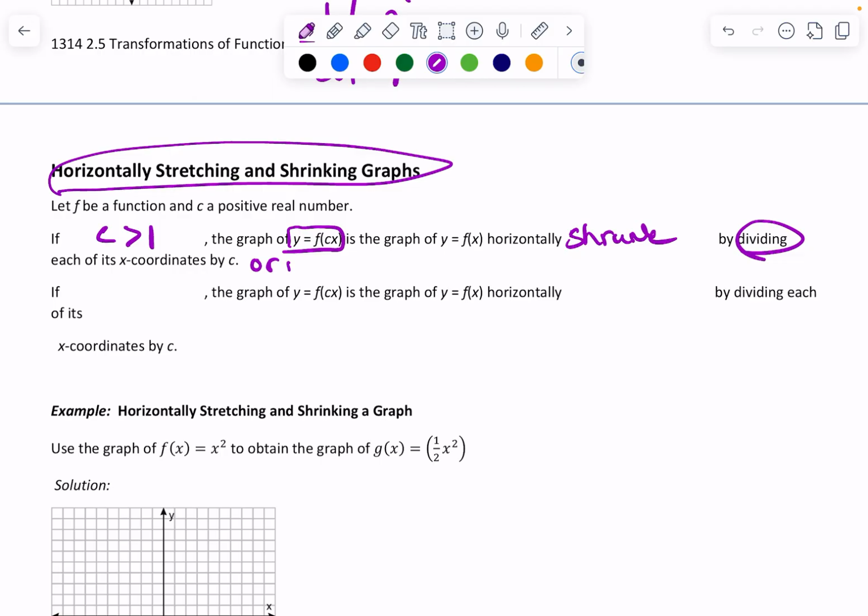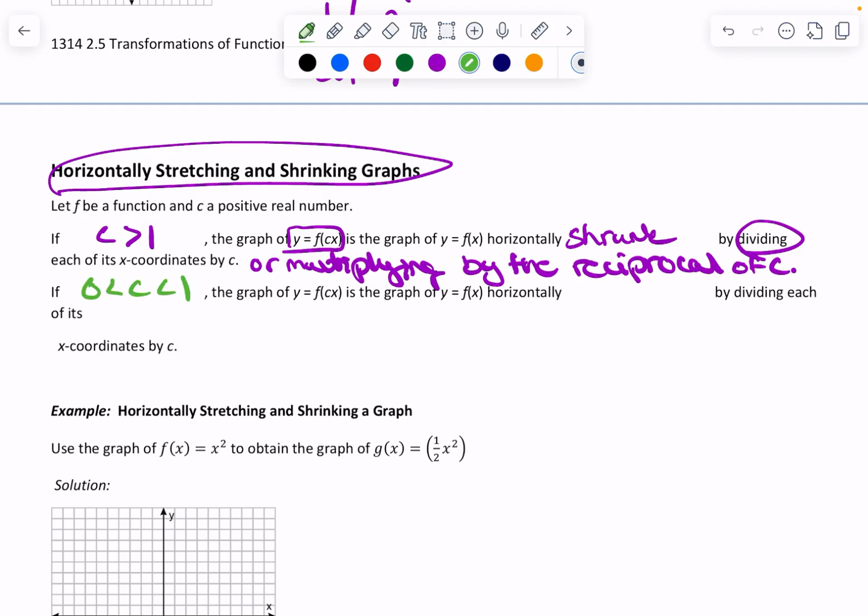Or another option is multiplying by the reciprocal, so flip the number over. If c is between 0 and 1, the graph y equals f of x is horizontally stretched by dividing each of its coordinates by c.